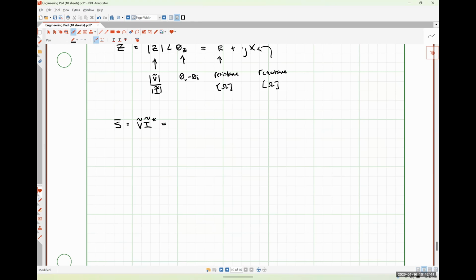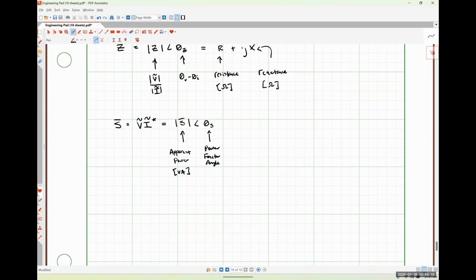So it can be expressed in polar form, where we would have the magnitude of our complex power, commonly known as apparent power, measured in volt amperes, just volt amperes, excuse me. Angle theta s, where this is our power factor angle.